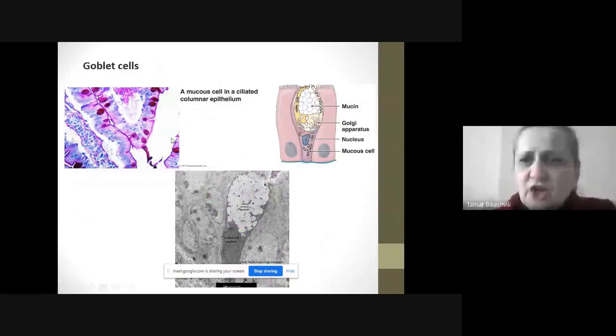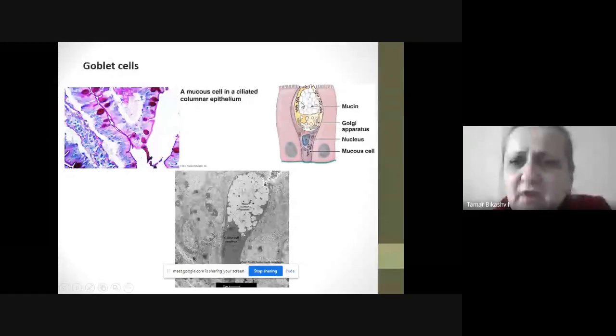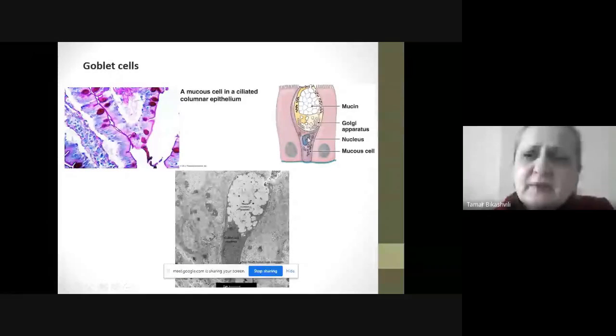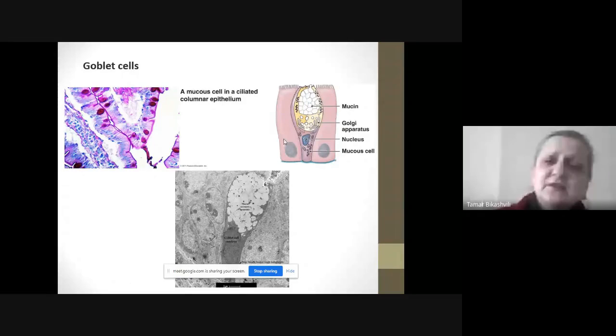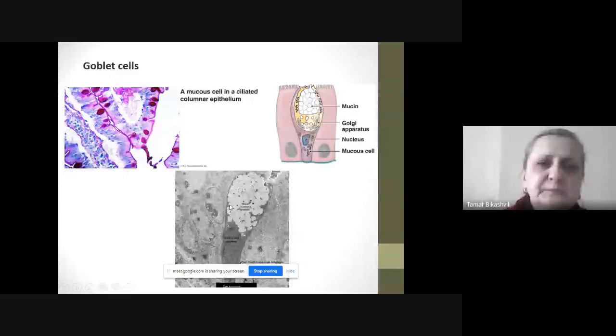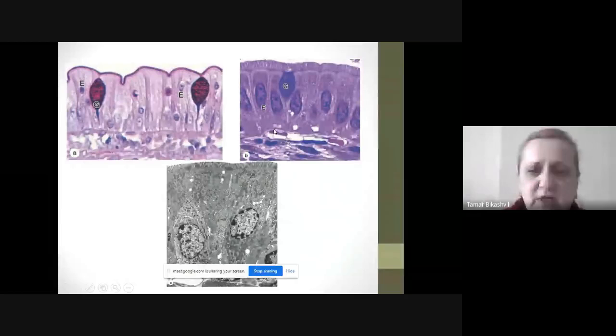Again, the goblet cells, yes, the mucin granules, a well-developed Golgi apparatus is here, the nucleus, something cup-like, this structure, we have the goblet cells. So goblet cells are located between the enterocytes, the absorptive cells. The goblet cells we can see here. Again, the enterocytes and goblet cells.